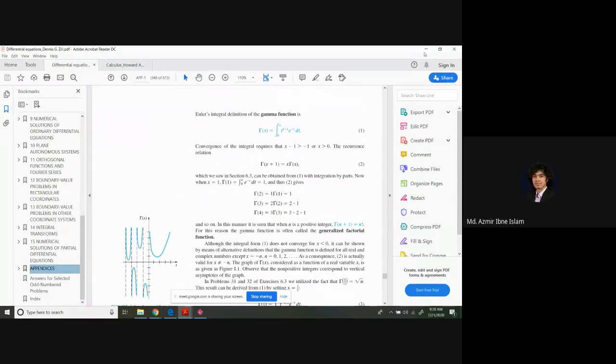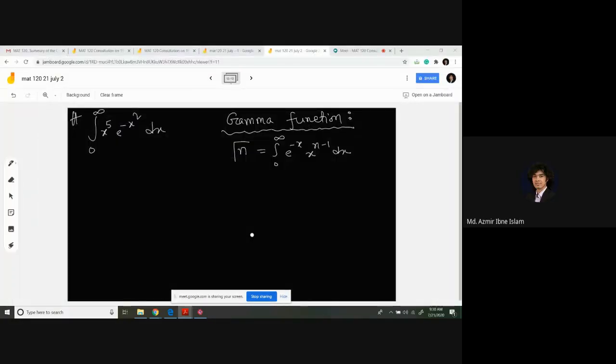So this is the definition of the gamma function. Keeping this definition in mind, we can solve this one. What is the advantage of using the gamma function?